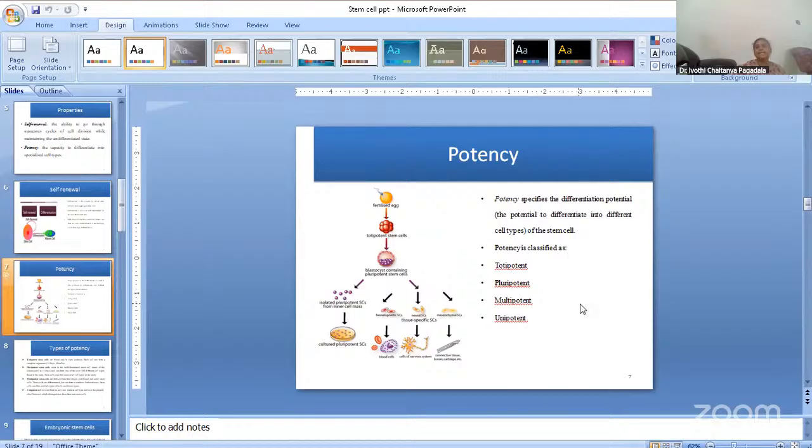Before going to the potency, I wanted to give a small description about the stem cell.